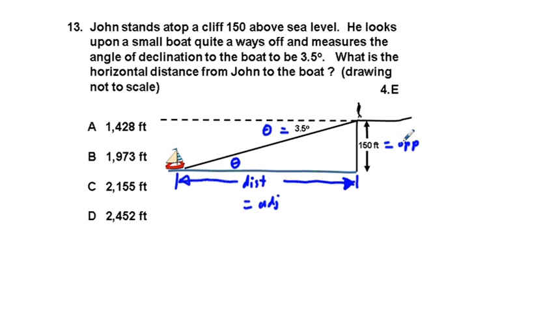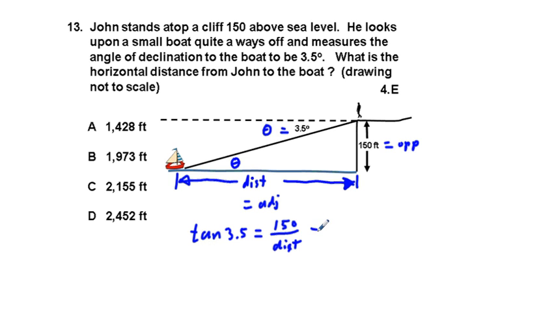Well, what involves opposite and adjacent? Well, tangent of 3.5 degrees is going to be equal to our opposite, which is 150 feet, over our adjacent, which is our distance.